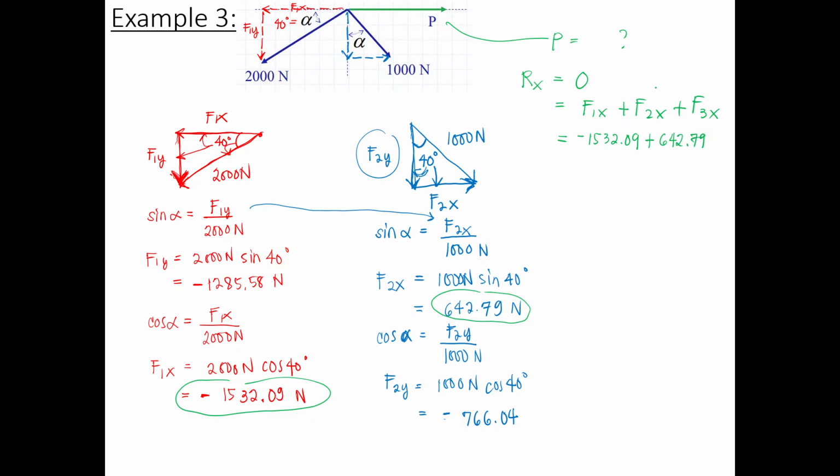Then the third force, F3x, is your P value. This is equal to 0.